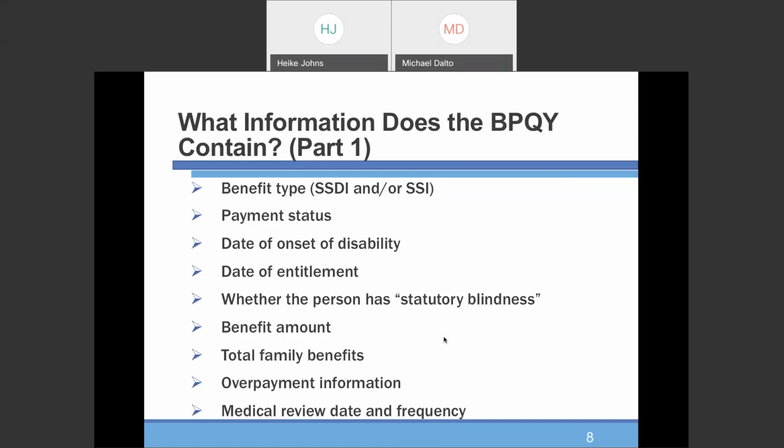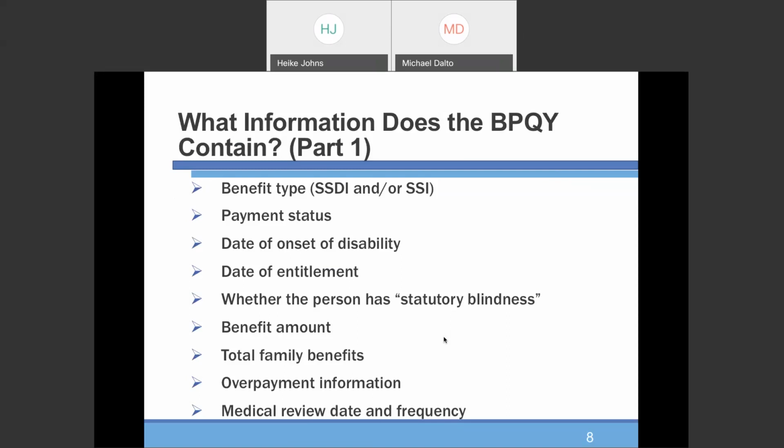The date of entitlement, that would be the date that they became entitled to the benefit, which can be different from the date of onset. Whether the person has statutory blindness. Does the person meet Social Security's definition of blindness, which incurs certain more beneficial rules than for people with any other disability? The benefit amount for each benefit, the total family benefits.